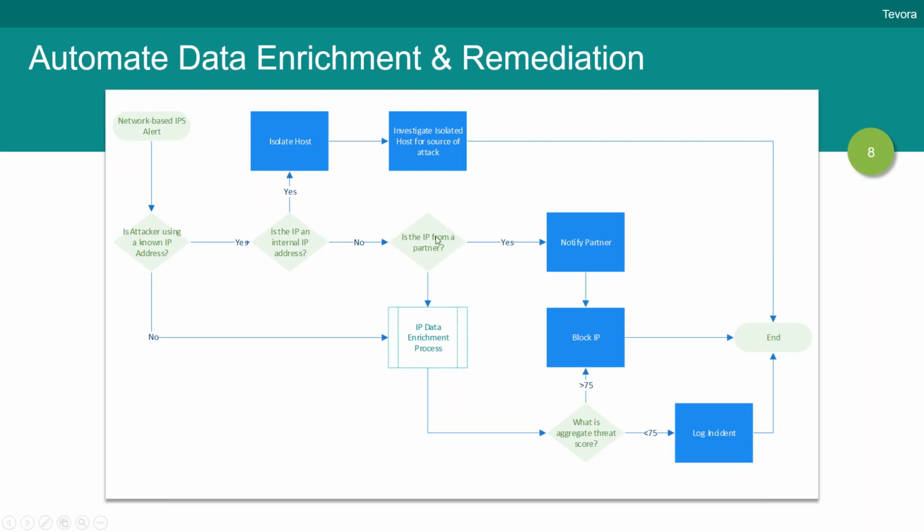If the answer is yes, then we'll want to take one action. If the answer is no, then we know that this is not a host that we're particularly curious about, and at that point, we now know that we really know very little about this IP. And so we're going to go through the whole data enrichment process.